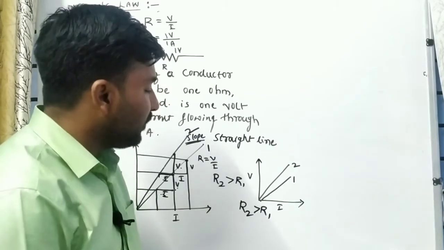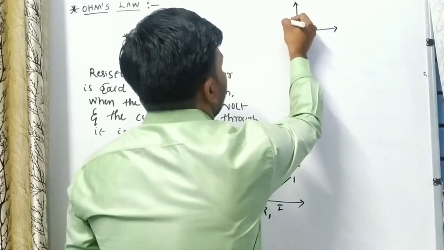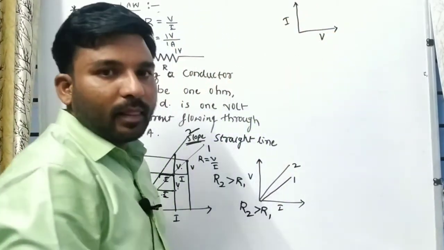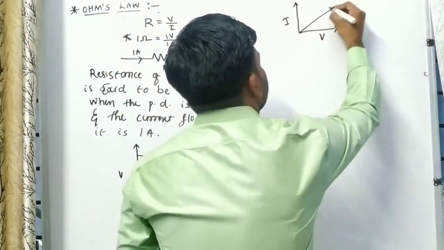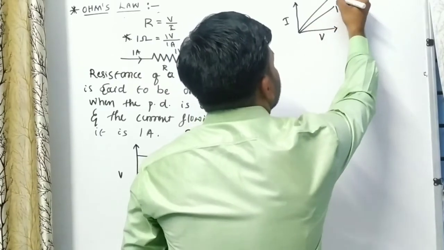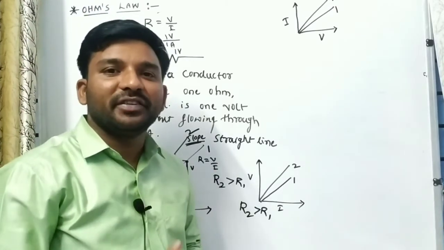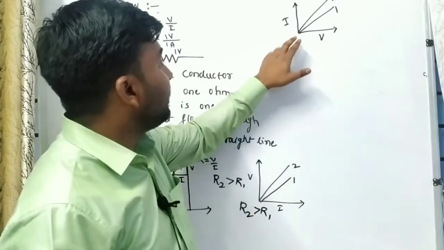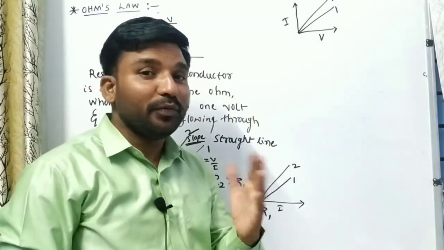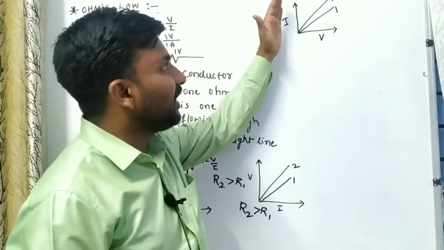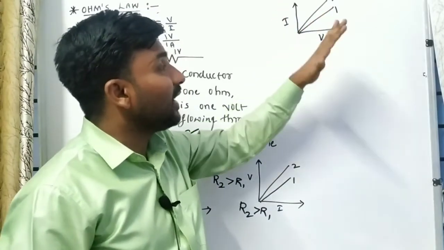But let's suppose the graph is I versus V, and in the same question they have given two conductors, conductor 1 and conductor 2. They ask the same question: between these two conductors, which has the highest resistance? What we memorized is that the greater slope means greater resistance.